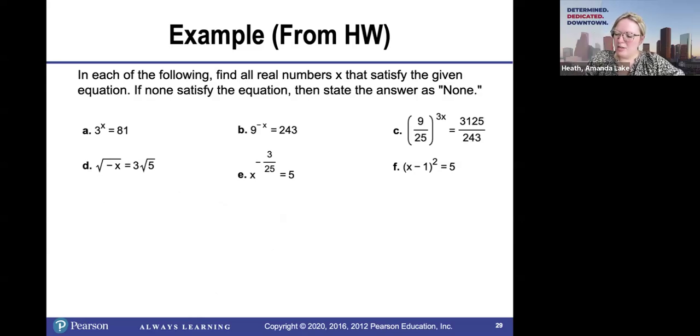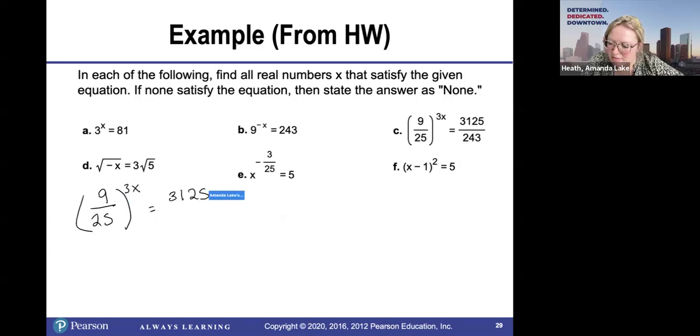Okay, if we look at example C, we have (9/25)^(3x) = 3,125/243. In the previous example, I figured out that 9^(5/2) is 243.